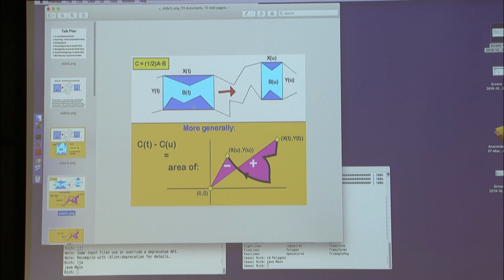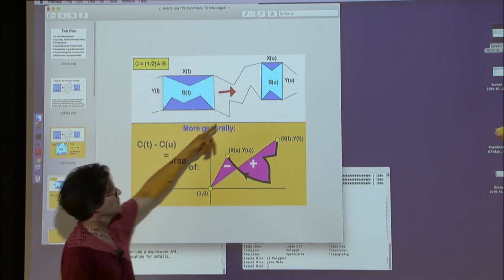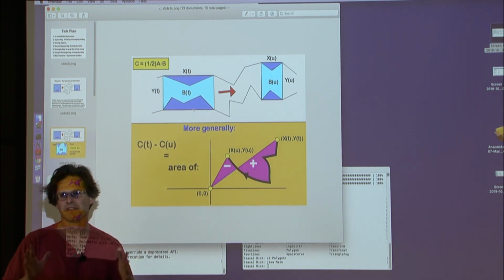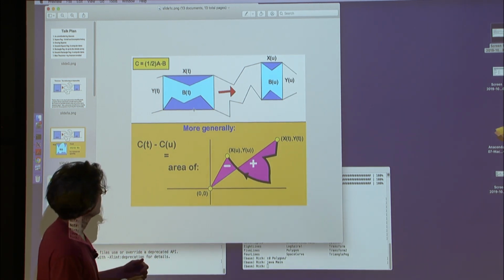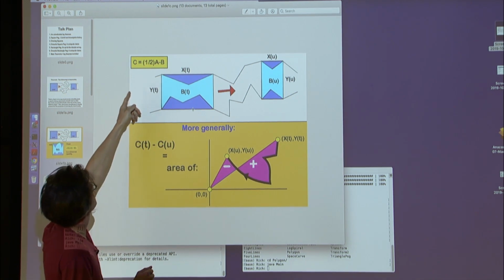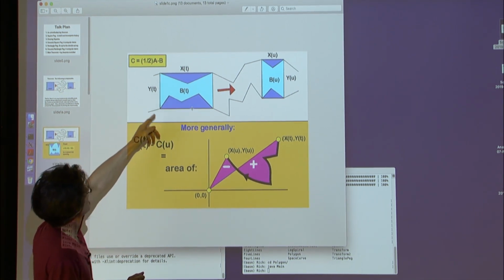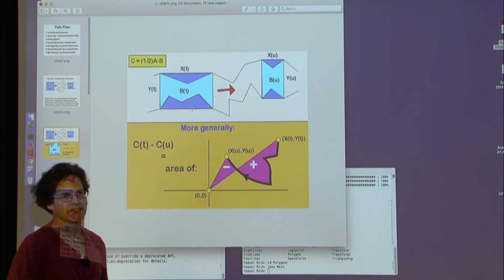So I'm going to talk about something more general. You could ask more generally, what happens if you have a rectangle that moves across, and you're allowed to vary the aspect ratio? Then what I'm calling C of t is just this invariant, A minus 1/2 B at each point.